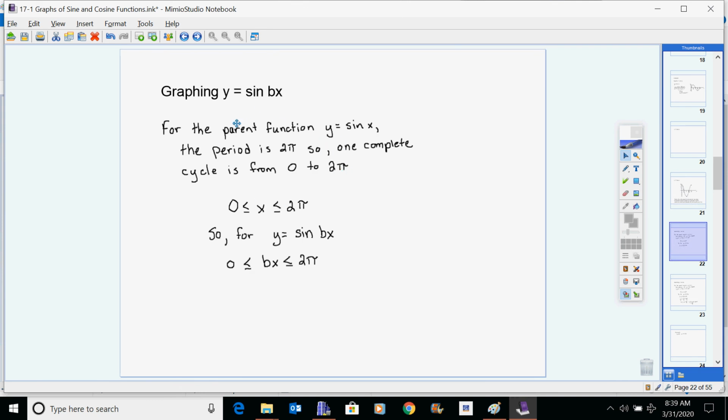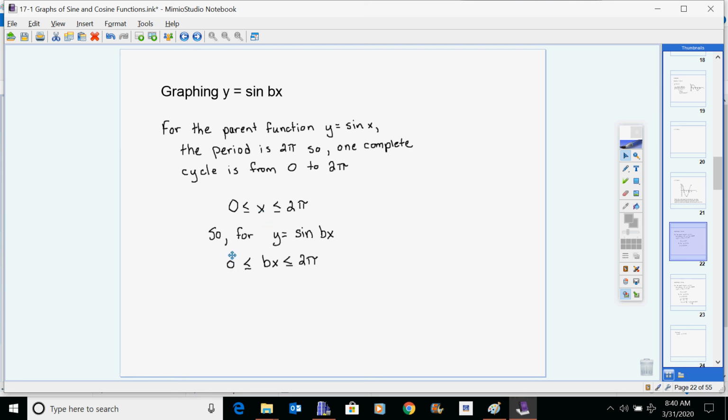Now, we have another thing that happens. Sometimes you'll have a number multiplied that's inside, multiplied in here. What that's going to do is effectively change the period, and it's going to change where your x-intercepts would be. This is where it gets to be a little tricky, but you can handle this. Our original range for a sine function is 0 to 2 pi. That means that bx, whatever is multiplied times b, is now in place of this regular x.